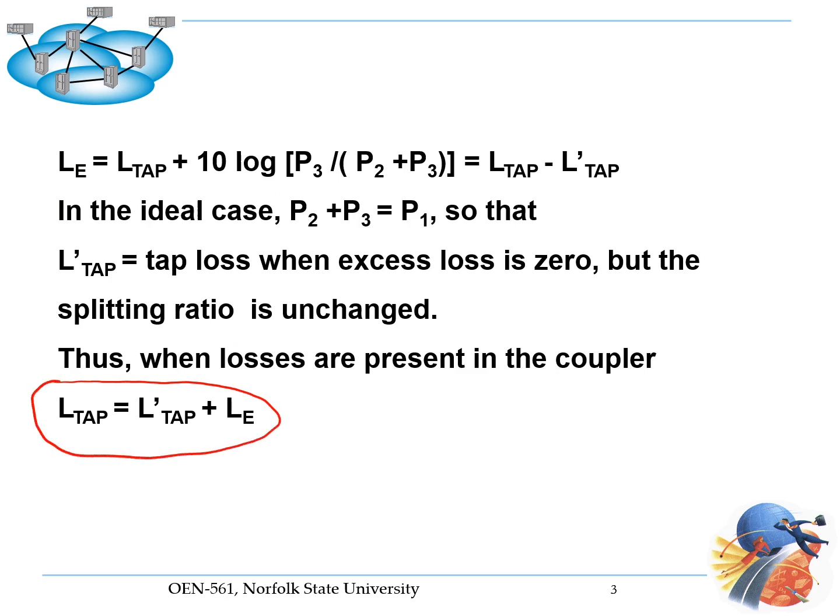So real tap loss, meaning that the loss for the directional coupler with non-zero excess loss, will be equal to excess loss plus the tap loss for an ideal coupler. And let us summarize those results on the next slide.